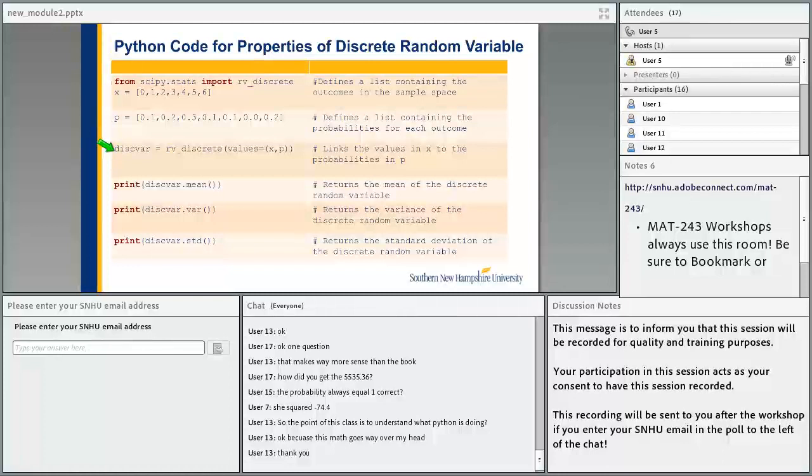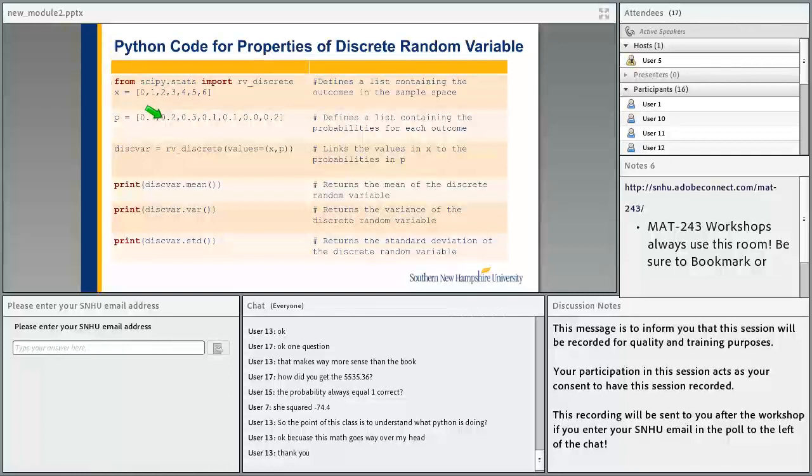I have a variable called discvar, and I'm saying that variable equals rv_discrete(values=(x, p)). What does this mean? What does this do? This line of code is going to map every x value with its corresponding p value. So you're telling Python I have two arrays, x and p. X is the value of my random variable. P is the probability associated with it. Map the two. So Python will now know that the probability of getting a 0 is 0.1.